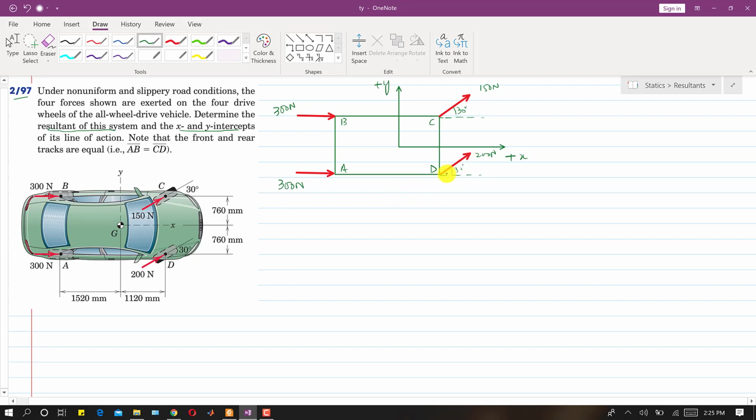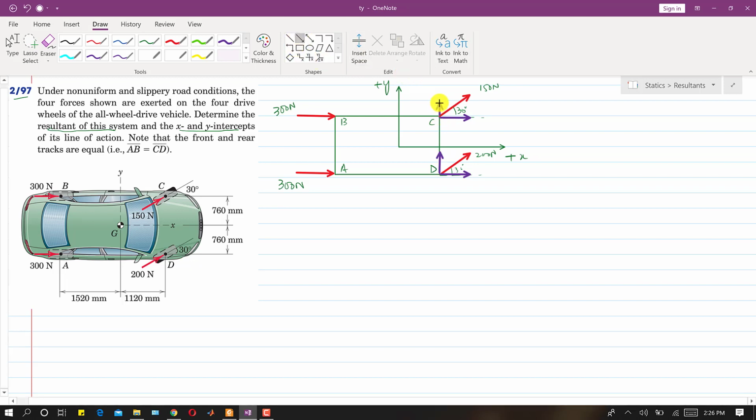Now in order to find the resultant, first I will resolve these two forces into their components. One component will be like this, the cos component, and similarly this will be the sine component.